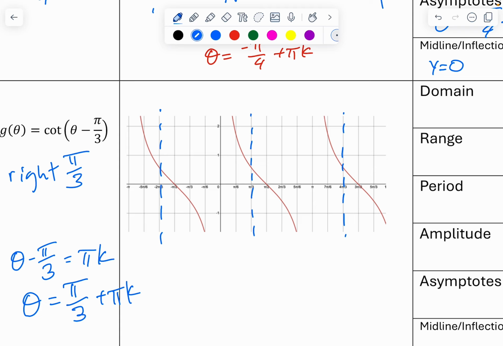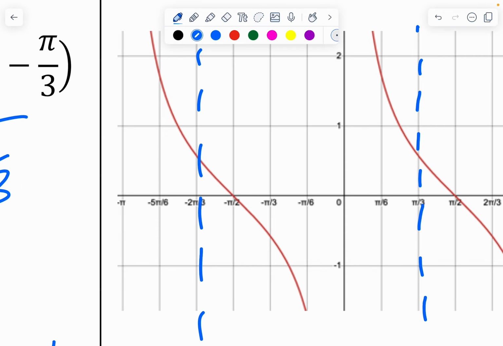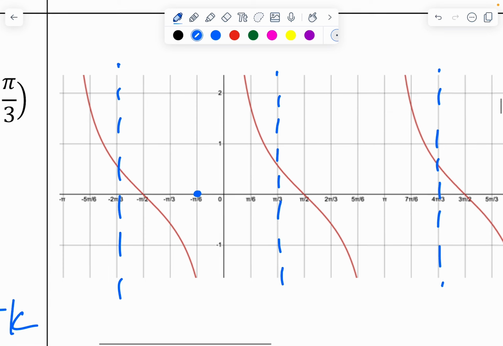The zeros, okay, so notice my 0 used to be at negative pi over 2, and I'm moving it pi over 3. Oh, that doesn't look right. Here's what I just did, I'm sorry. I looked at this value and thought I needed to move it 2 units over, but I don't.